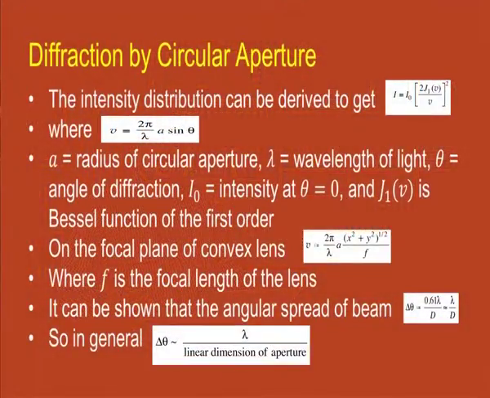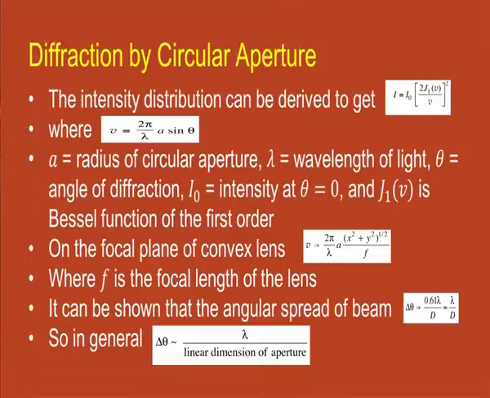Now, the intensity distribution can be derived to get I = I0 [2J1(V)/V]², where V = (2π/λ) a sin θ, and a is the radius of the circular aperture, λ is the wavelength of light, θ is the angle of diffraction, I0 is the intensity at θ = 0, and J1(V) is the Bessel function of first order.